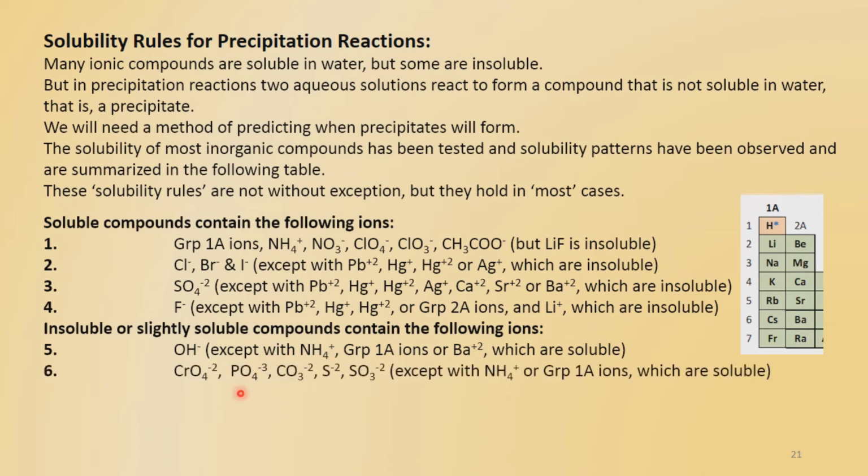And finally, all chromates, all phosphates, all carbonates, sulfides, and sulfites, they're all insoluble in any of their compounds unless they happen to be combined with ammonium or the group 1A ions, in which case they're soluble. And we define solubility in this way. Less than 1 gram per liter is considered insoluble. Slightly soluble is 1 to 10 grams per liter, and soluble is more than 10 grams per liter.